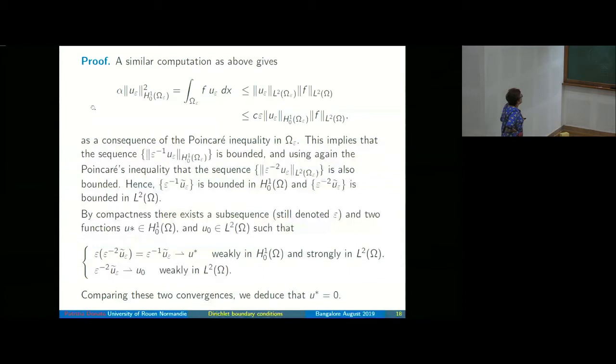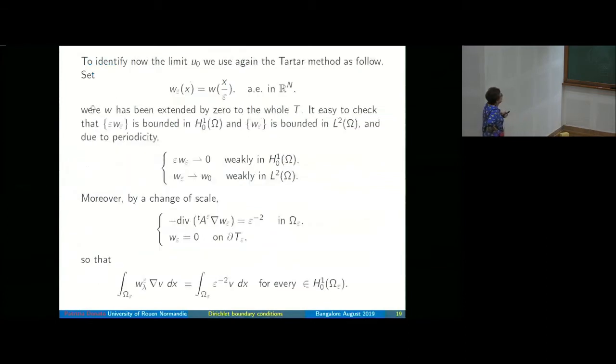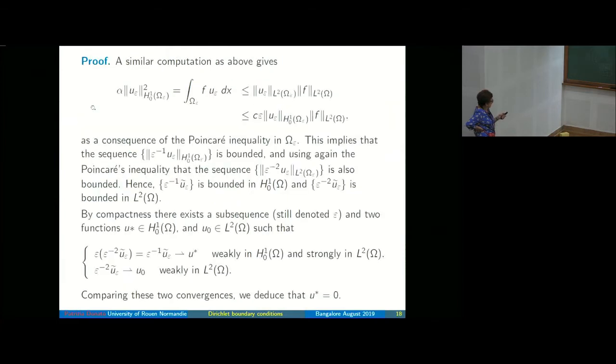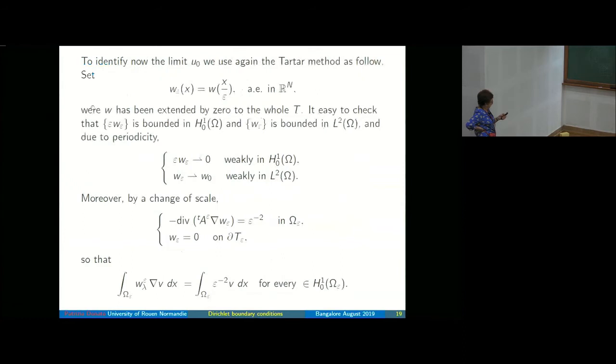Okay. Now we want to identify the limit of epsilon minus 2 u epsilon tilde. And then we use again more or less the Tartar method. Actually, as far as I know, maybe Tartar did this problem first for Stokes, and then the method worked for a lot of other cases.